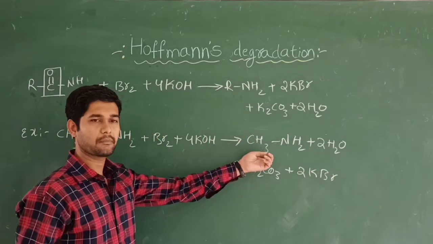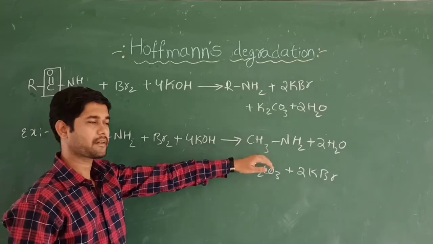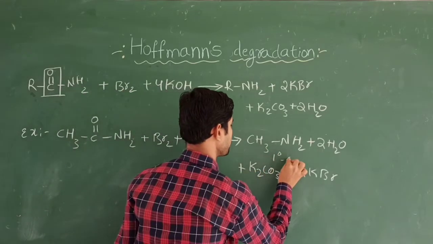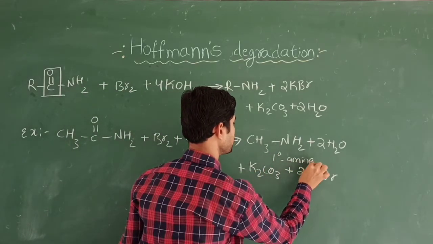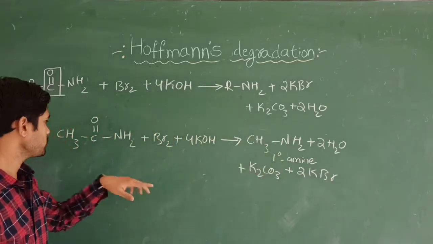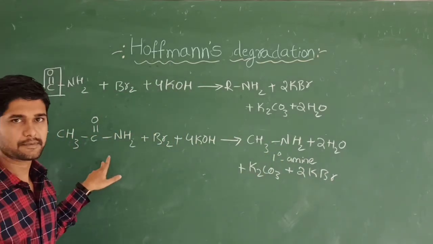The product's name is methylamine. So this is also a primary amine. We get methylamine when we use acetamide as the substrate.